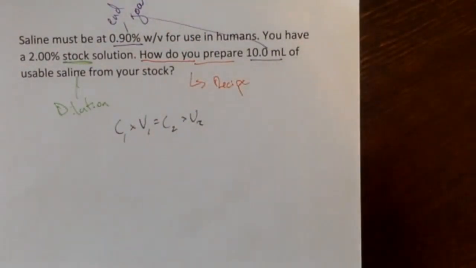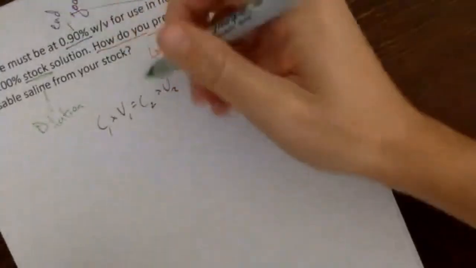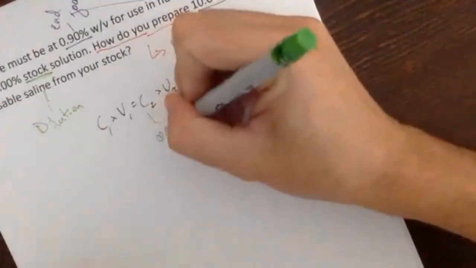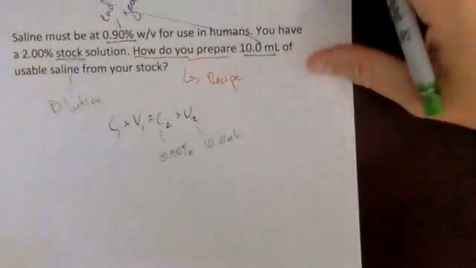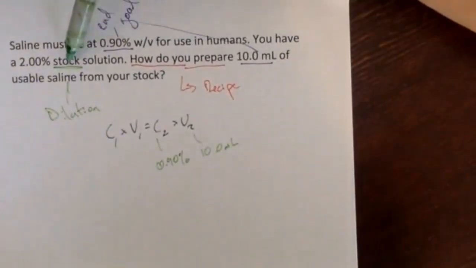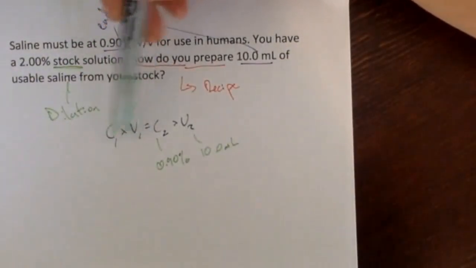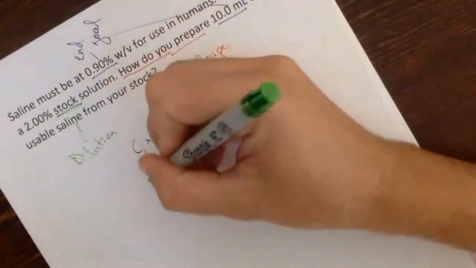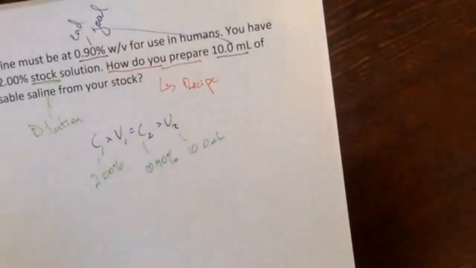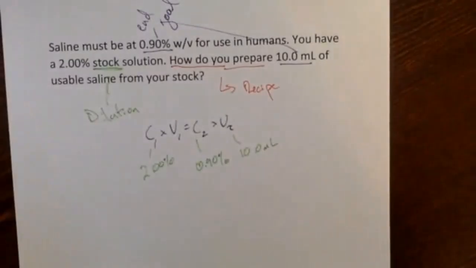So C2 is going to be 0.90%. V2 is going to be my 10.0 milliliters. Stock is then normally solution 1, and I have only a concentration there. 2.00% is the concentration of my initial pre-diluted solution.